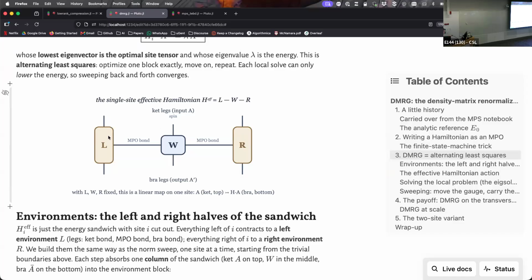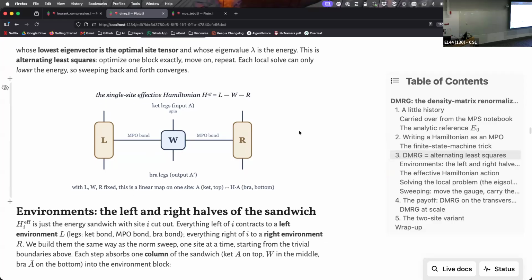And so that means that on the left, I just have this triple layer thing contracted all the way to the one side. And on the right, I have this triple layer thing contracted all the way to the one side. And I just end up with these 3 tensors that represent the entirety of my Hamiltonian acting on this network.